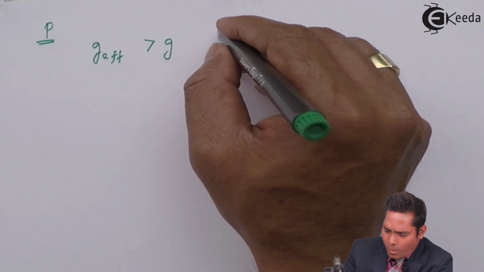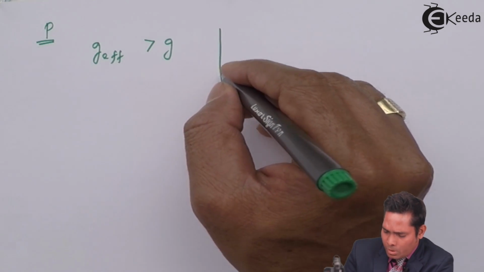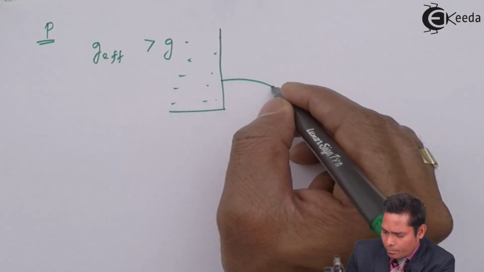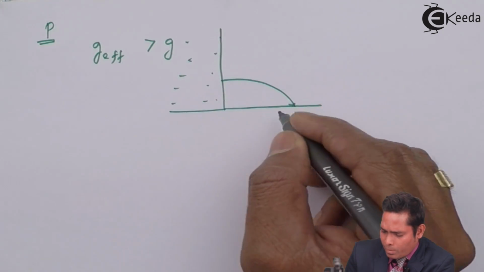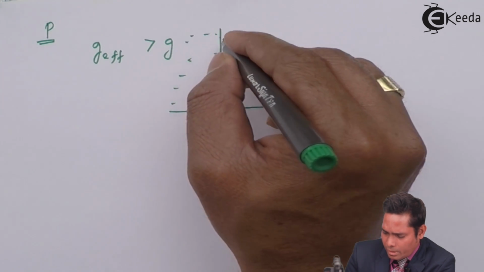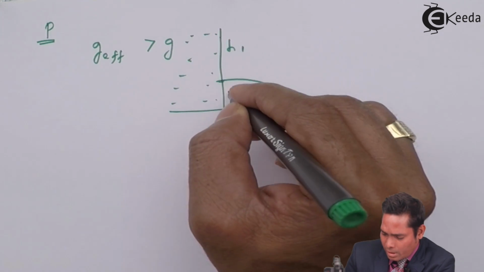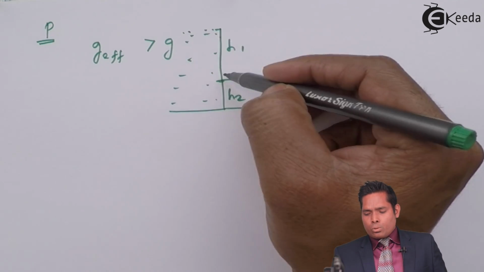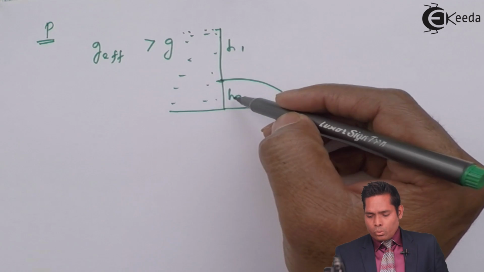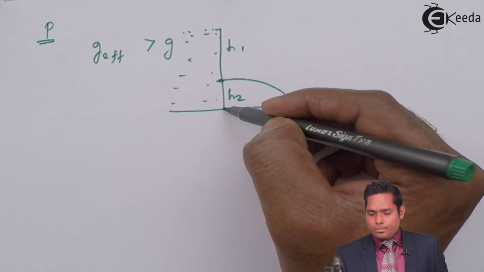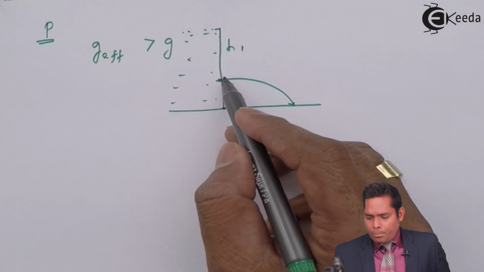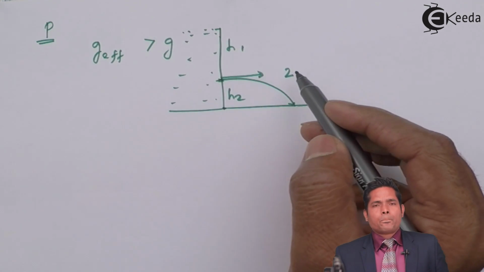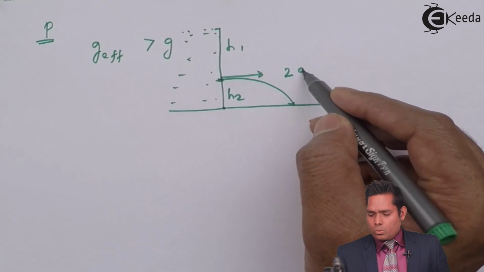And what about the liquid that comes out of the container, where it hits? Suppose this height is h1 and this height is h2. h1 is the height from the surface to the hole, and h2 is the height from the hole to the bottom of the vessel. It moves out with velocity of efflux root of 2g h1.